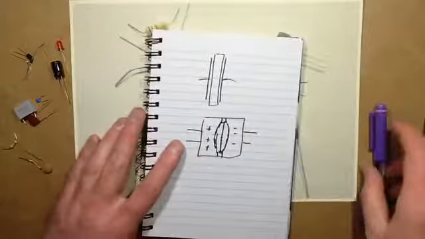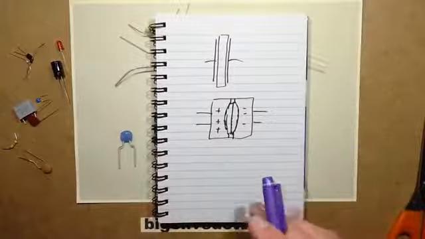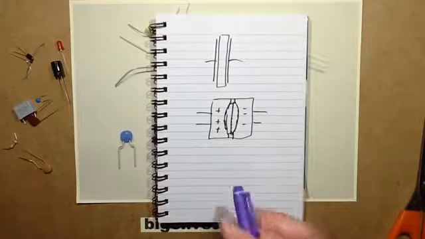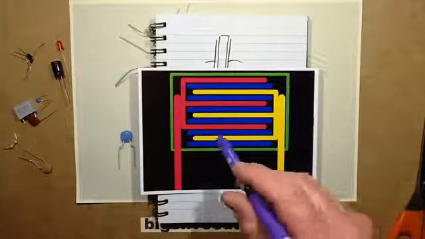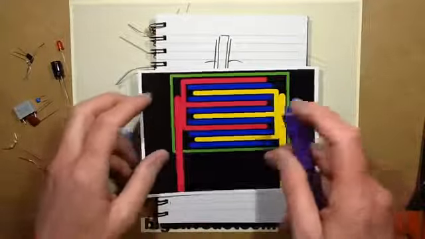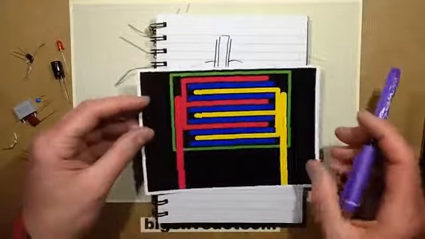To achieve the higher capacitance, they often make the capacitors multi-layer. So this is something I just printed out, designed on the computer for the printed circuit board layout, but I just did it as a graphic.